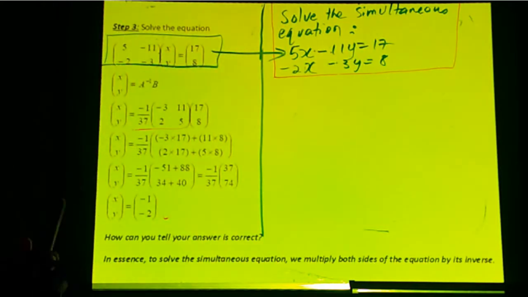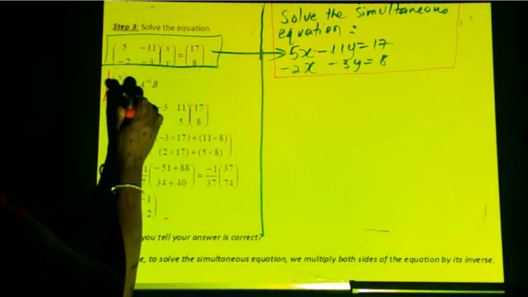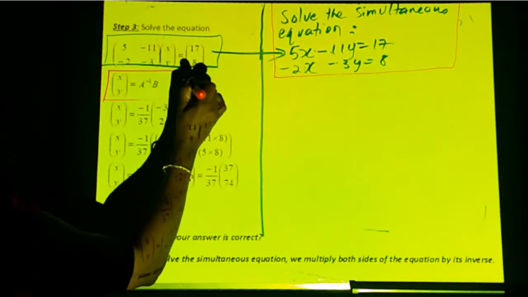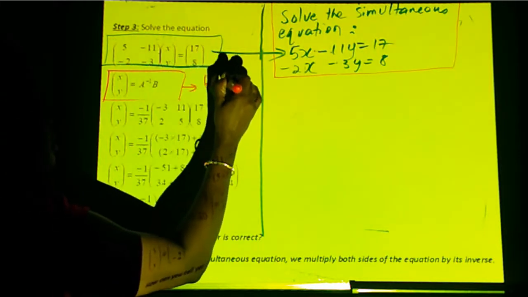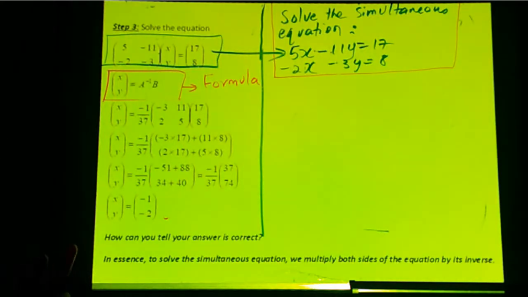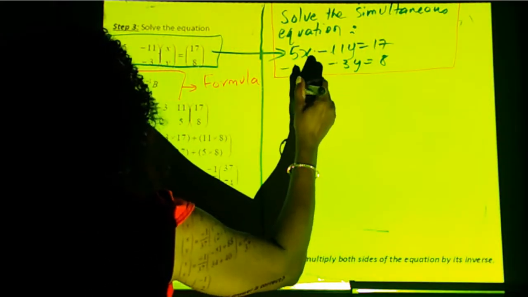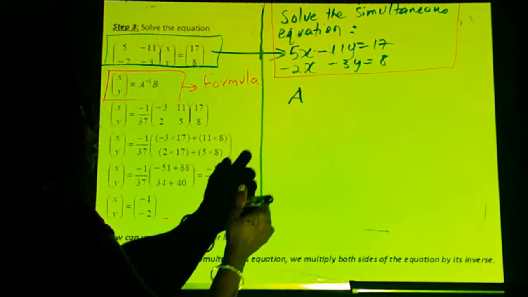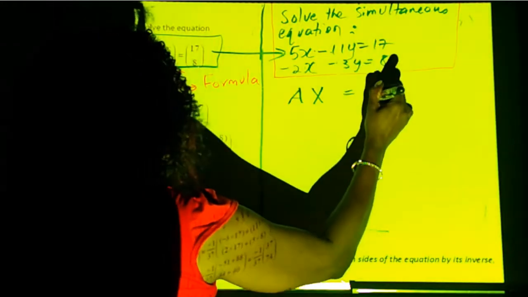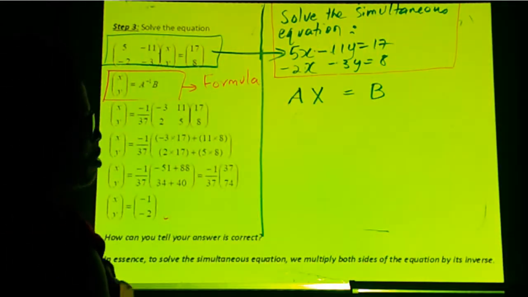Now, I'm going to put an asterisk here to show you that this is something you need to remember. It's a formula for solving simultaneous equations. And how did that formula come about? Basically, if you have a matrix A times x equals b, and you want to make x the subject.